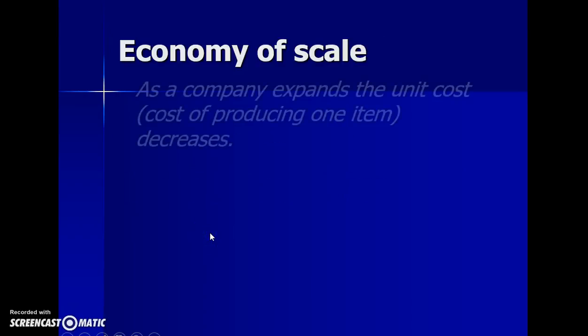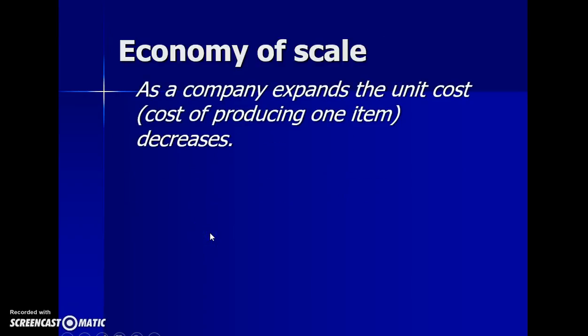So hopefully now, as we've probably gathered, an economy of scale is a very useful term to always bring into any of your answers to show that higher sort of thinking. But to define it, what it actually means is the lowering of the unit cost. So remember, the unit cost is the cost to the company to produce one item.